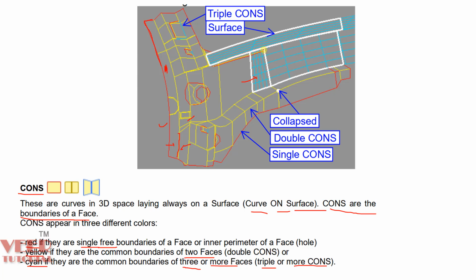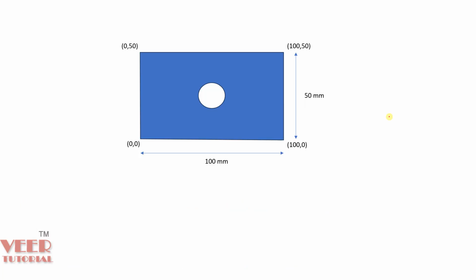Because of that duplicacy, this cyan color will appear, and that is something we don't want in our CAD. So we have to remove these triple cones using our geometry editing tools. In the next lecture we are going to make this rectangle CAD, and we will understand different commands using this project work.